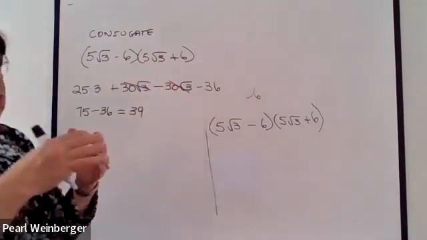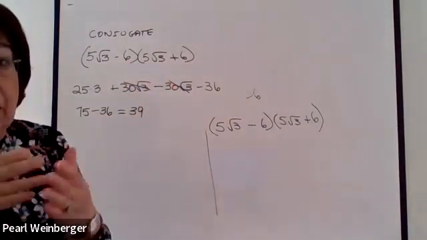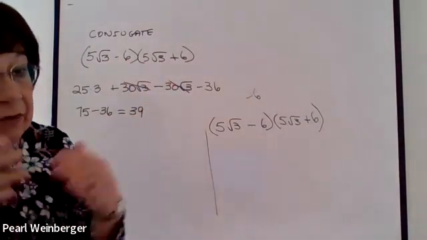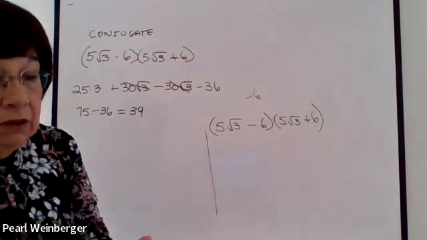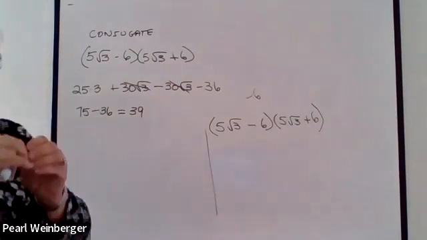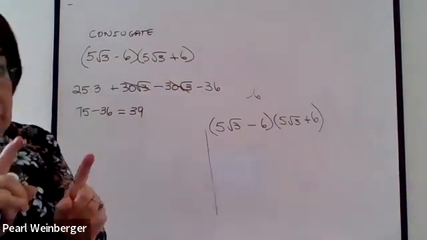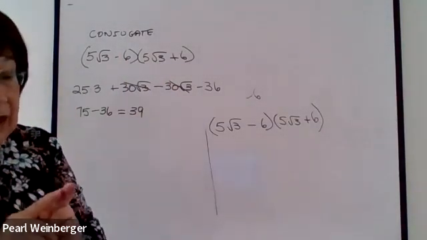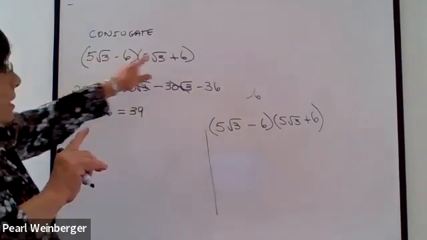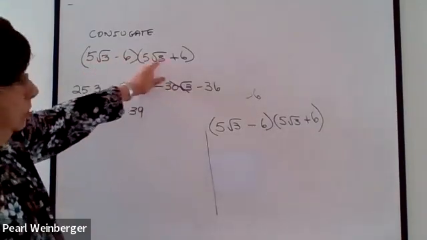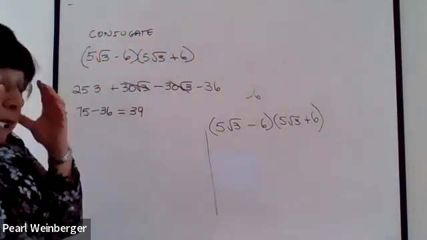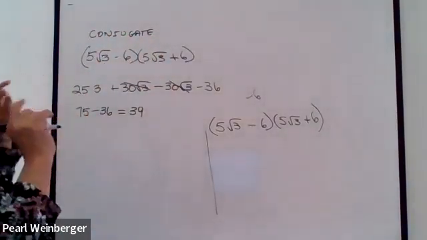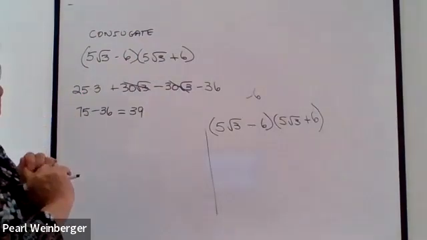When you have two things that look exactly alike, but one is positive, one is negative, and you're combining them, they're going to cancel each other out. So if you notice ahead of time that you have conjugate binomials, and it's very obvious, you just have to keep your eyes open, then you can make your life much simpler.